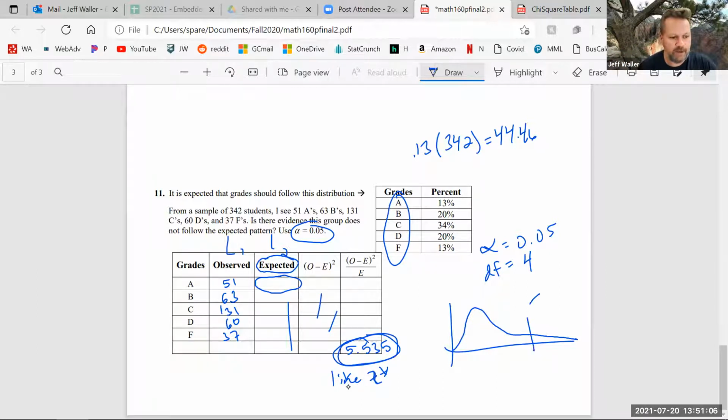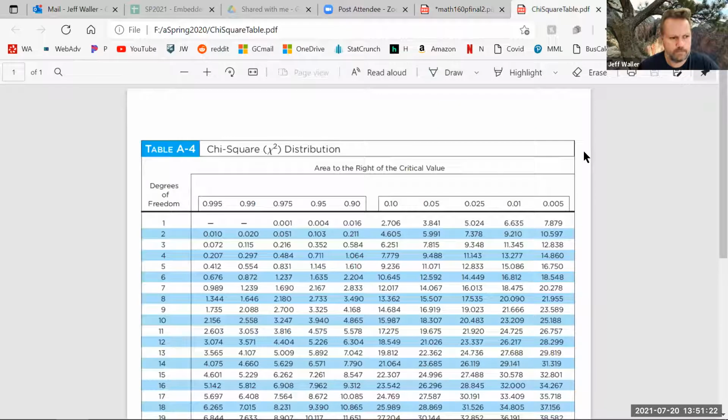We still need to know what our benchmark was. Where does the rejection region start? Did we make it far enough away? I don't even know what far enough away is. So did anybody look that up on the chart? Alpha's 0.05, 4 degrees of freedom. 9.488.